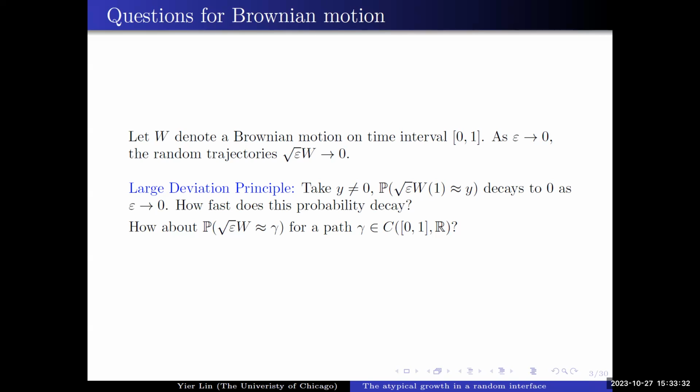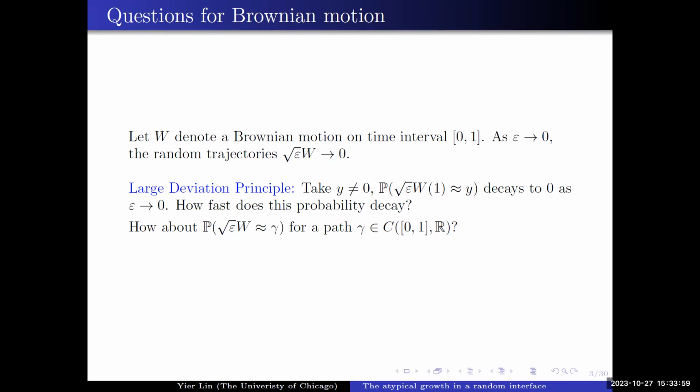What the large deviation principle wants to understand is, if we take a certain value away from 0, for example y, the probability of the terminal position staying around y. Of course, this probability will decay to 0 as epsilon goes to 0. But we want to understand how fast this probability decays asymptotically.